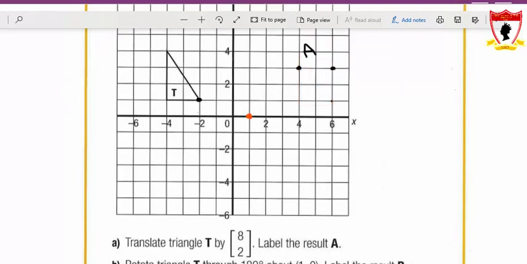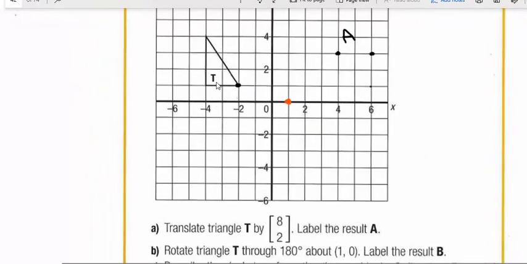Part B, triangle T should be rotated 180 degrees about the point 1, 0. Point 1, 0 is right here, and triangle T will be rotated 180 degrees. It will come here and it will be upside down.